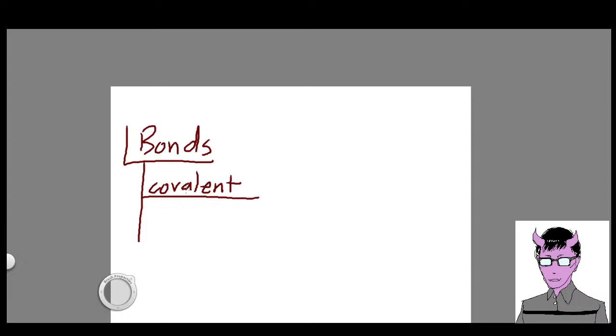And then we have ionic, which is full transfer, full stealing of electrons. And then we have metallic, which is where electron cloud densities are free to travel across multiple nuclei. So those are referred to as chemical bonds.